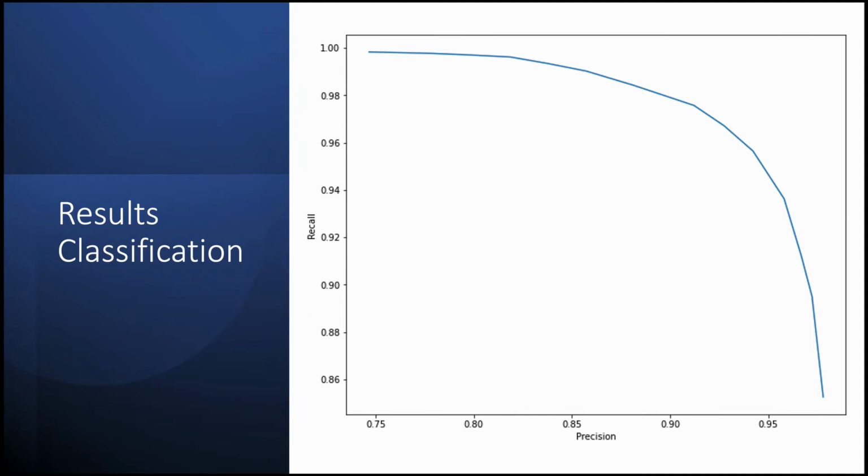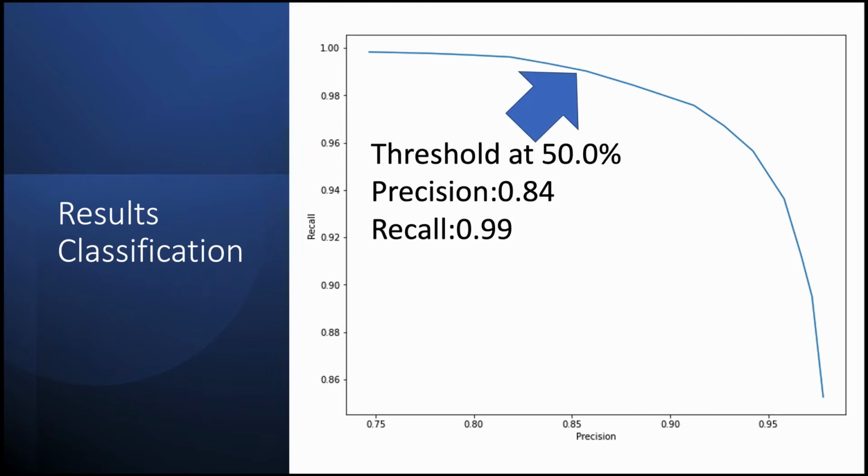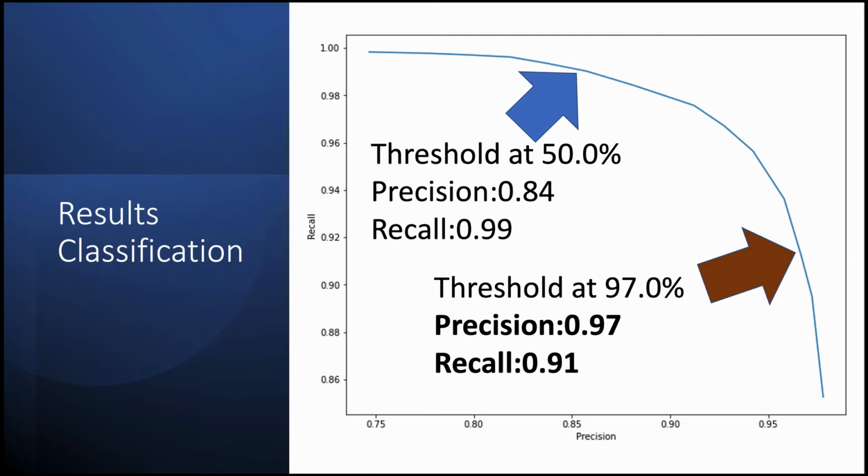So if we put the decision threshold at 50%, which is typically the default value, we obtain a precision of 84% and a great recall of 99%, but that's not really what we want. So we can move that threshold. And if we put the threshold very high at 97%, then we get to a precision of 97% and a recall of 91%.